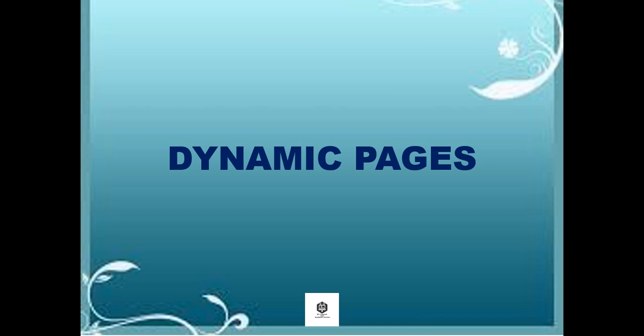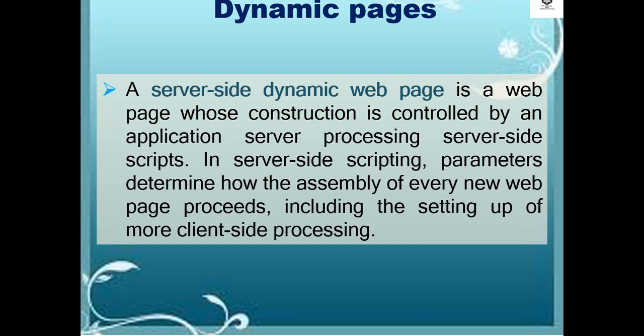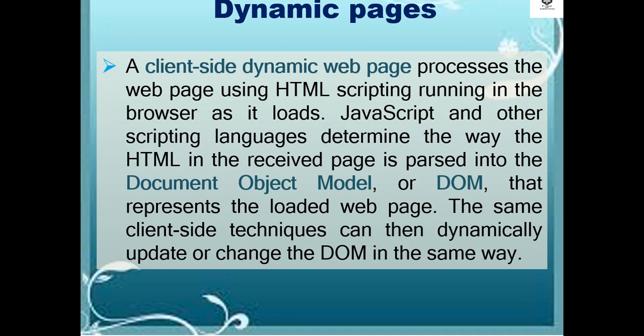Dynamic pages. A server-side dynamic web page is a web page whose construction is controlled by an application server processing server-side scripts. In server-side scripting, parameters determine how the assembly of every new web page proceeds, including the setting up of more client-side processing.